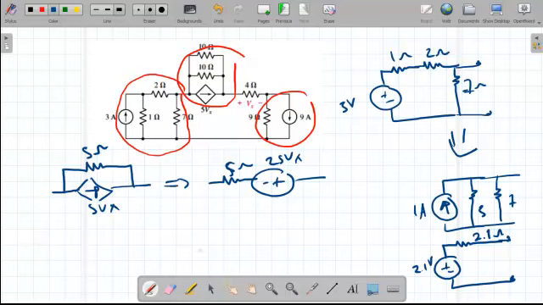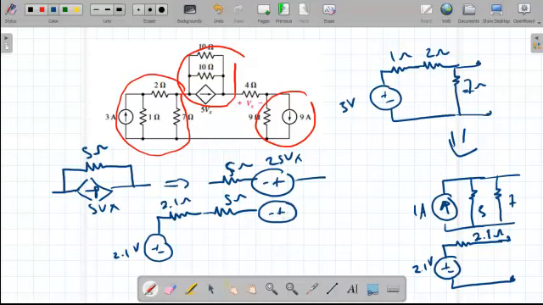So my complete circuit will be this: this part becomes 2.1 volt in series with 2.1 ohm. This part becomes 5 ohm and minus 25 Vx.